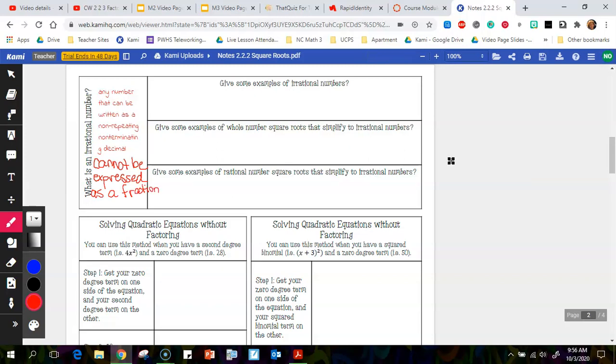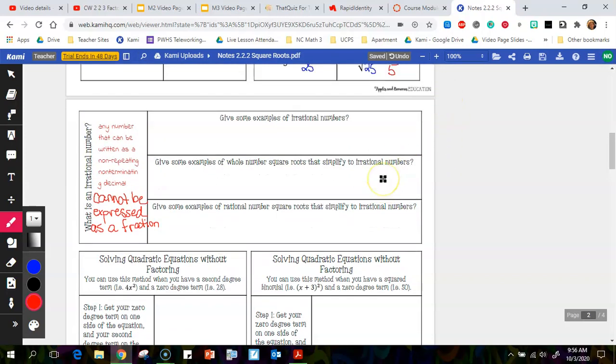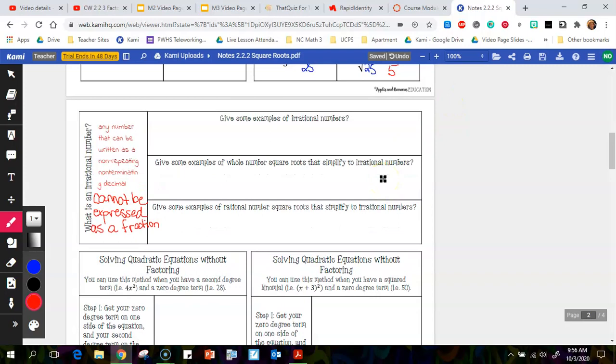I'm not going to go into this in too much detail, but repeating decimals, any decimal that has a pattern, can be written as a fraction. I'm going to write it way up here. Even a number like 0.435435, if it has a pattern and it repeats like that, it can be written as a fraction.